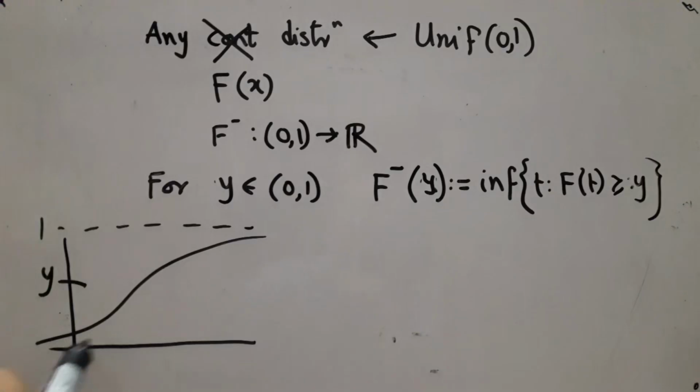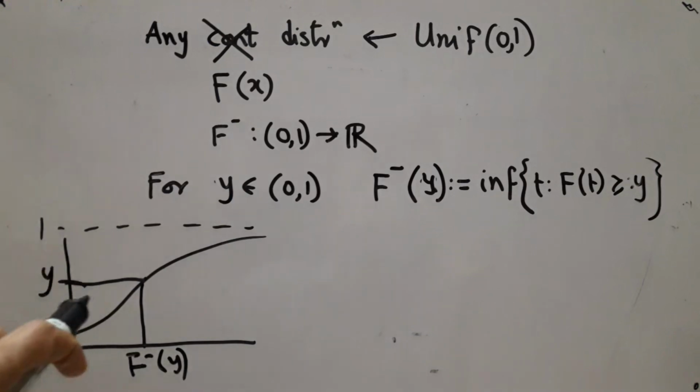Pictorially, suppose this is your capital F graph, non-decreasing. I take some y, then I just draw the horizontal line. In this example, this value will be F^-(y).